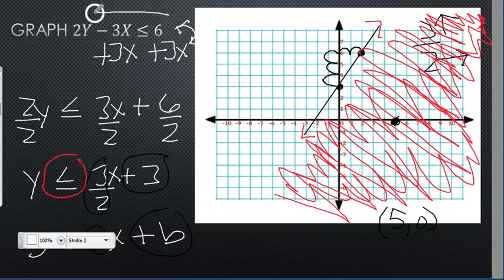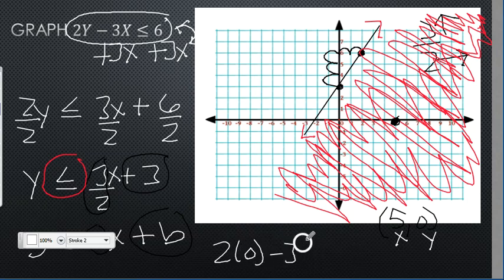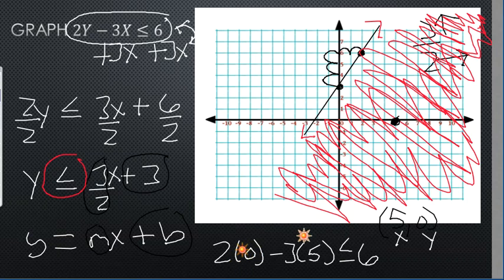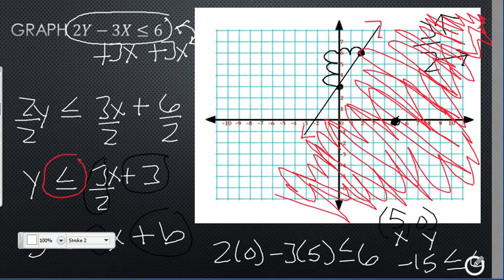So let's take this inequality statement and plug in 5 for the x and 0 for the y, and make sure that that does make the statement true. So 2 times 0 minus 3 times 5 is less than or equal to 6. We know that 2 times 0 is 0. Negative 3 times 5 is negative 15. And it is true that negative 15 is less than or equal to 6.